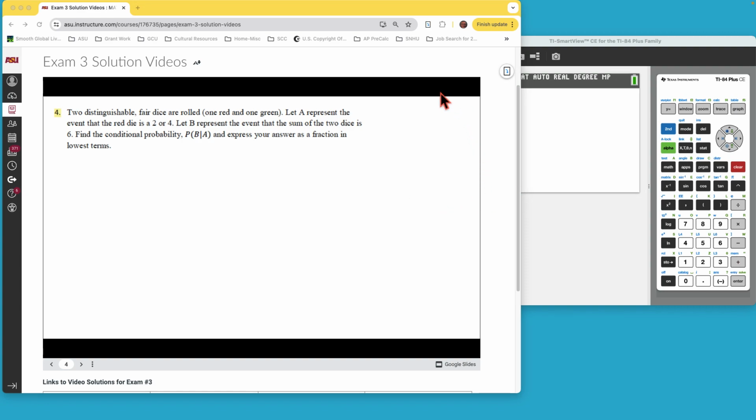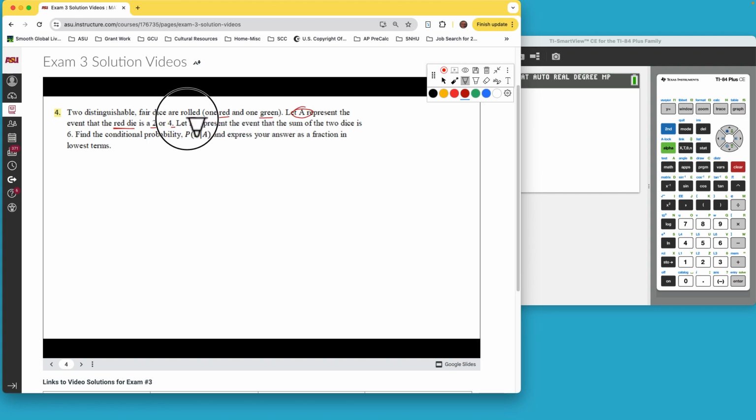So for this conditional probability, we have two dice being rolled, and they're distinguishable, a red one and a green one. So we have two events. Event A is that the red die shows a 2 or a 4.